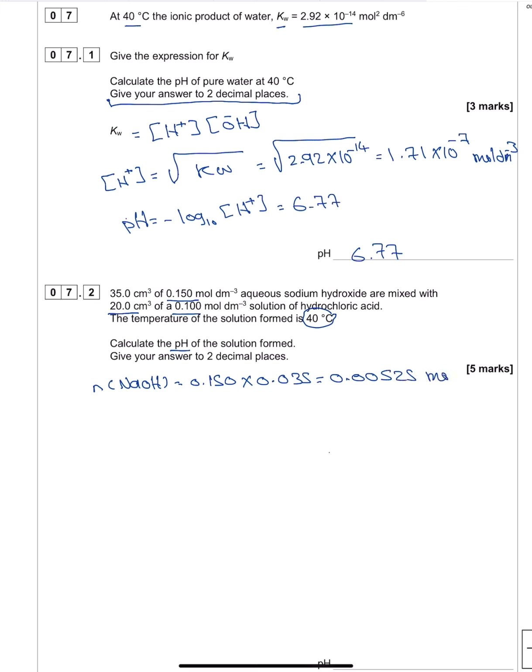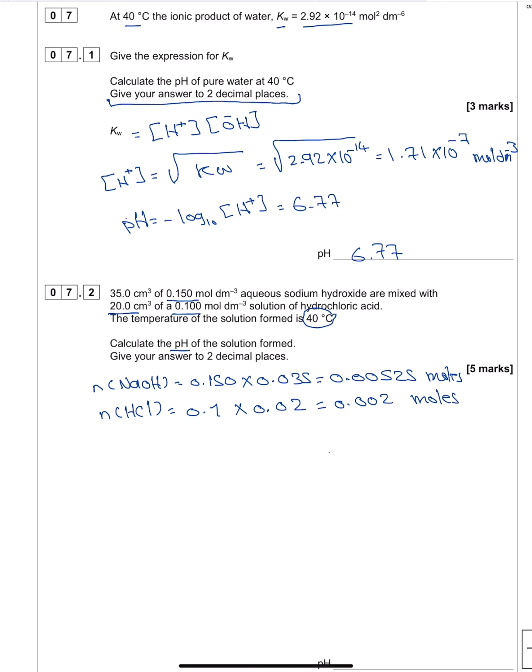and that will give you the moles of sodium hydroxide, 0.00525 moles. Now let's find the moles of HCl, and that will be the same: 0.1, which is the concentration, times the volume, 0.02 decimeter cubed, of course. So this is 0.002 moles.